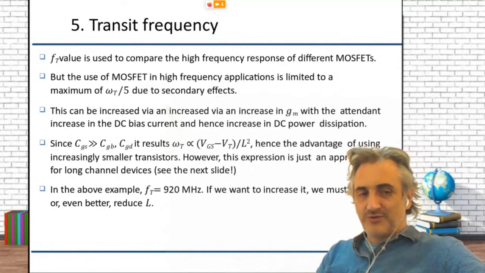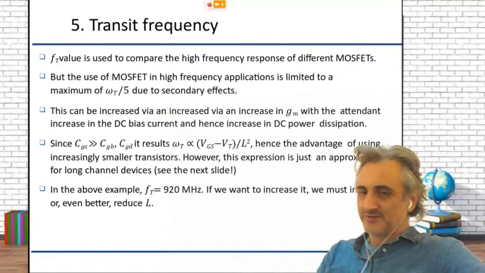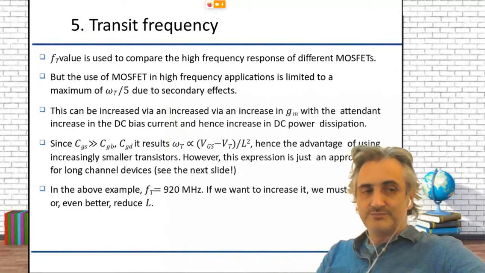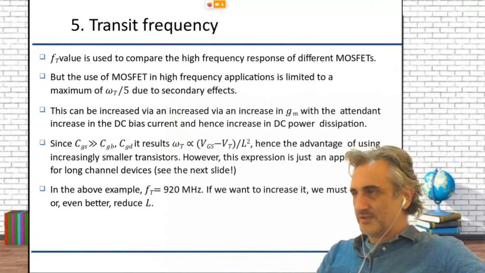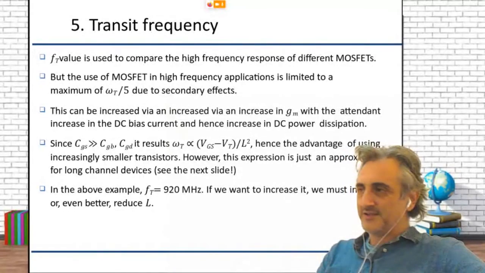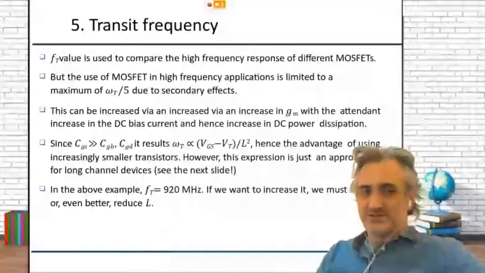If you're using it for systems that are running for radio frequency or for computers or for all other things, 900 megahertz is very slow. Moreover, notice that one-fifth of that would be around 200 megahertz, which is not very fast.